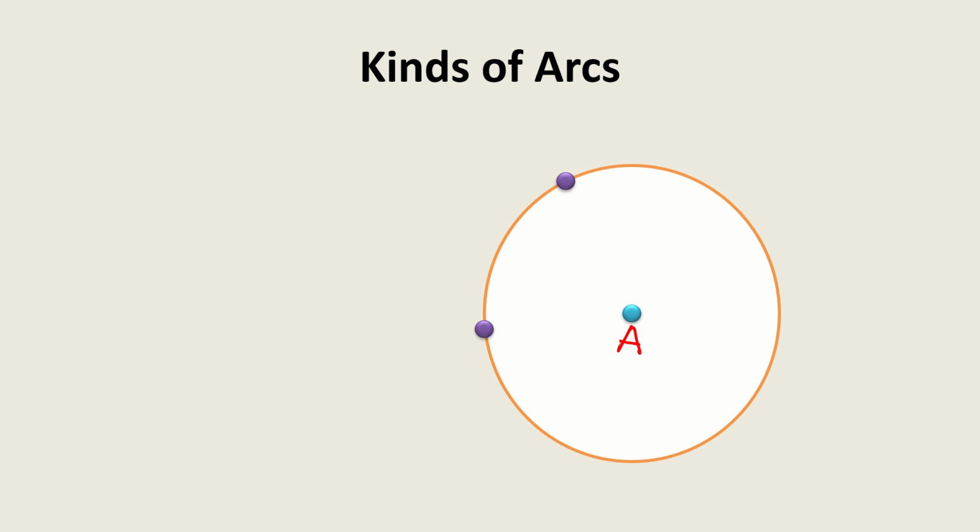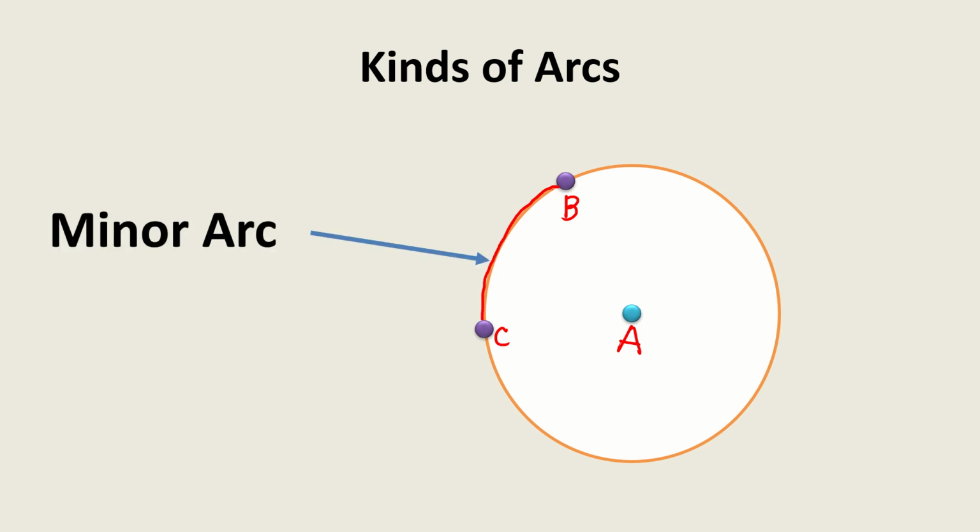Since point A is at the center of this circle, this is circle A. On circle A, we have two more points: this is point B, and this is point C. The part covered from point B to point C is an example of a minor arc.